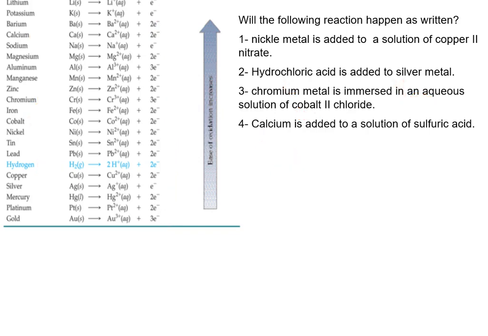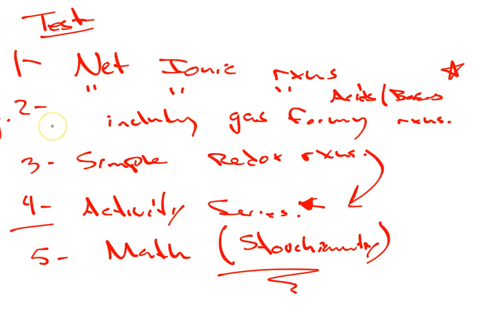Okay, now, we are done with all the qualitative stuff for Chapter 4. The rest of the week is quantitative, all right? So as far as you're concerned, those top 4 things are the things we've learned so far for the test. Then ionic reactions, which include acids and bases, and gas-forming reactions, which are part of acids and bases. Number 3 are simple redox reactions, and 4 is the activity series.